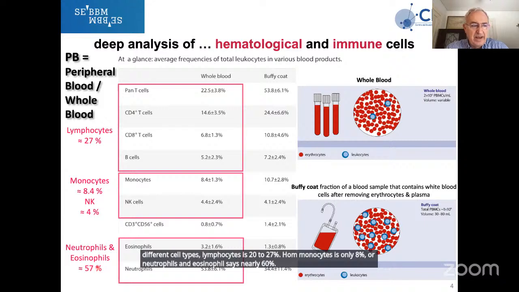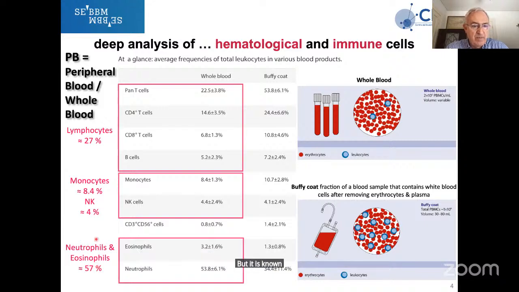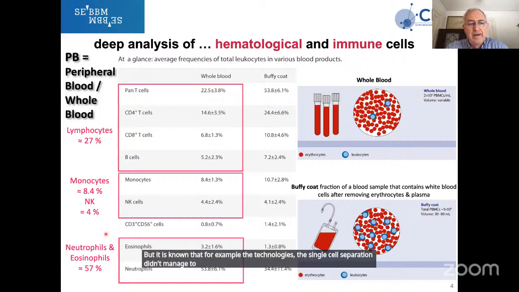But it is known that the single cell separation technologies didn't manage to obtain good numbers of neutrophils, because of the shape and how big they are.